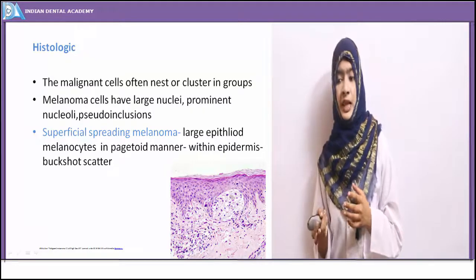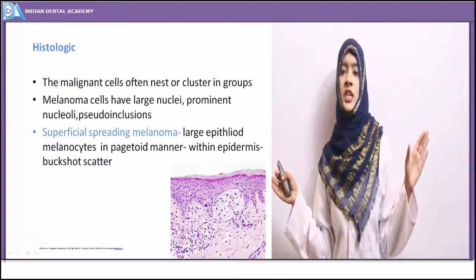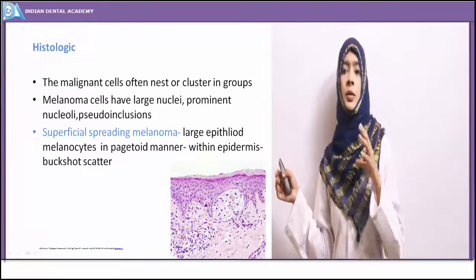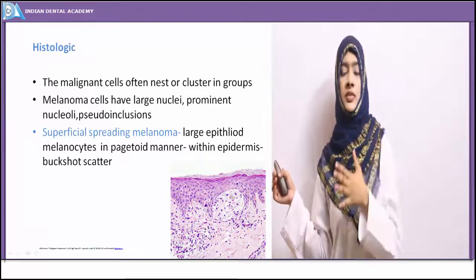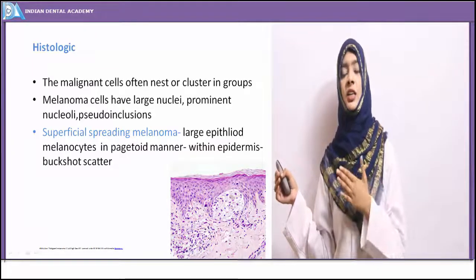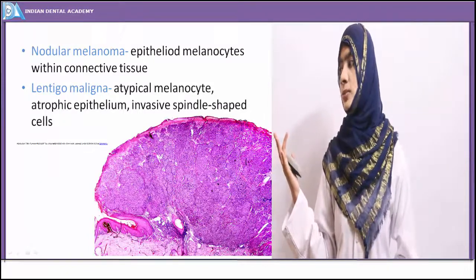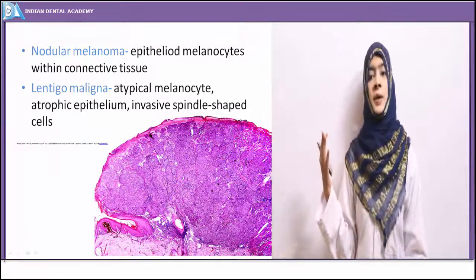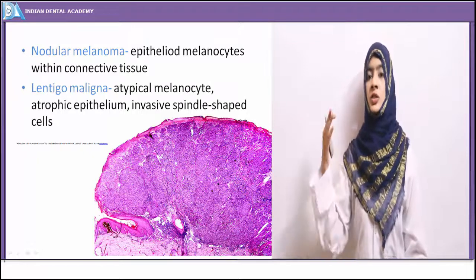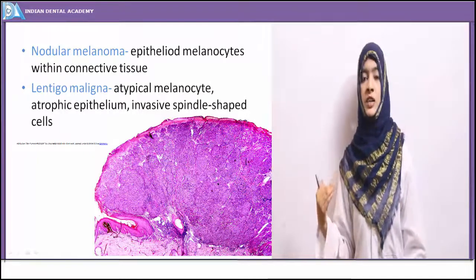At a few areas widely scattered melanocytes will be seen, at a few areas they may not be prominent. This form of spreading is also known as the buckshot scatter of the epidermal melanocytes. As I told you, nodular melanoma shows epithelioid melanocytes which are confined to the epidermis initially, then they tend to spread and involve the connective tissue.